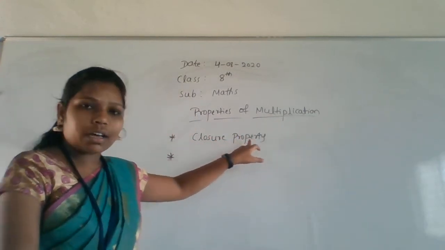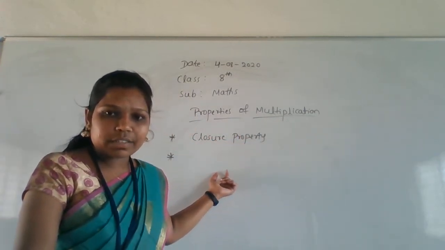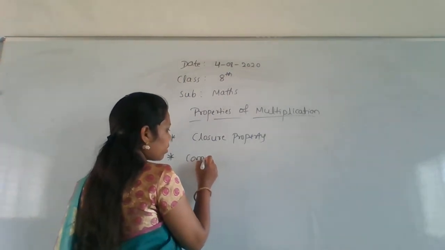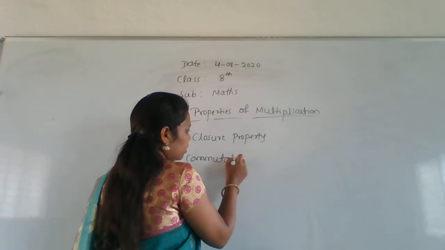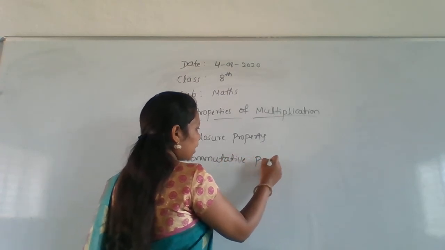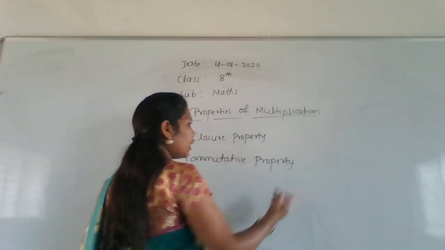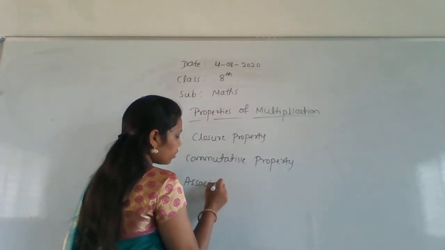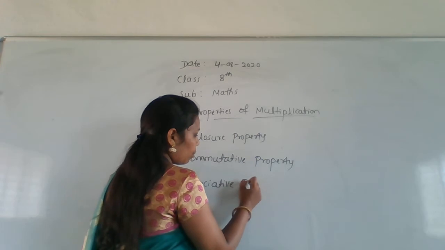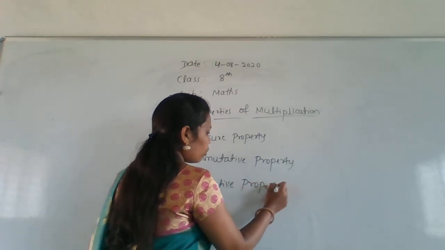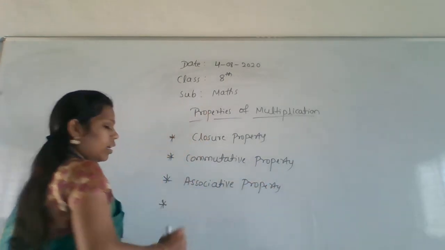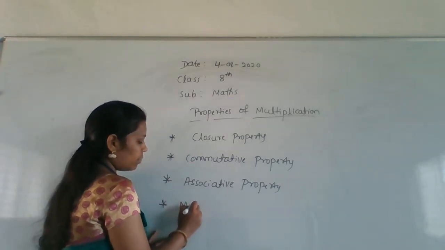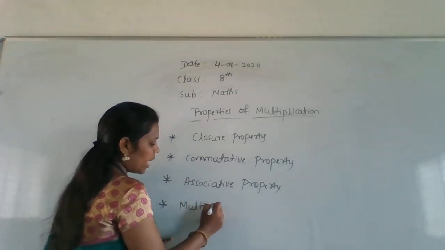First property is a closure property. Second property is which one? That is nothing but a commutative property. Third one is associative property. After that, fourth one is which one? That is nothing but multiplicative identity.